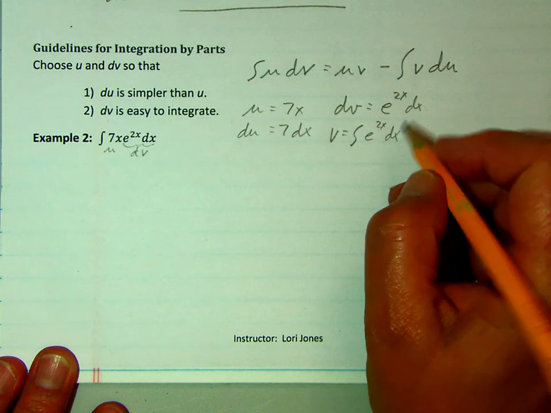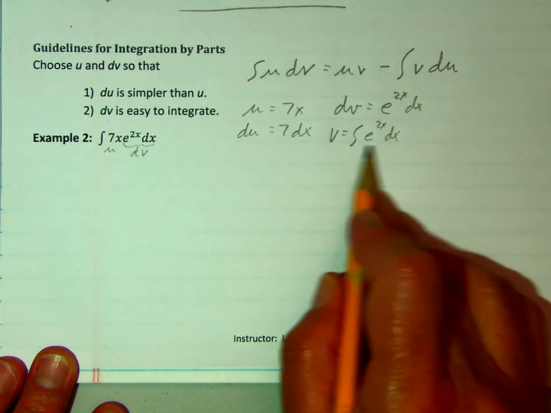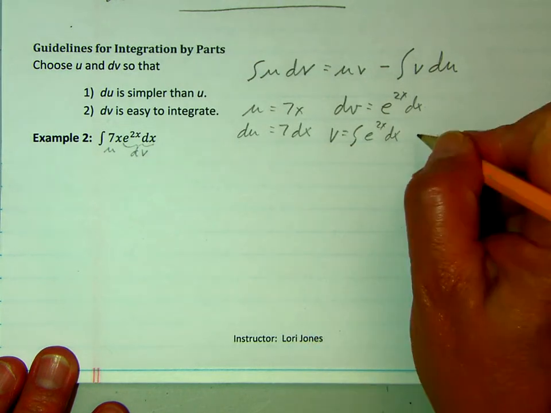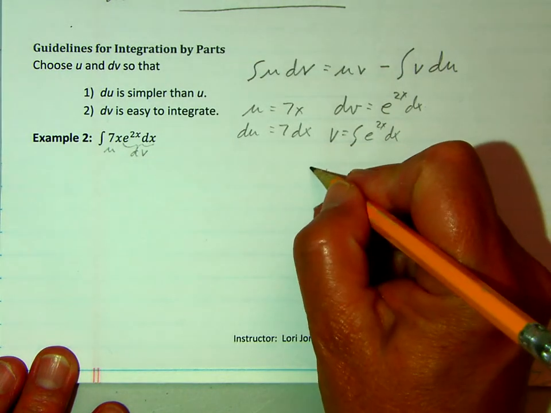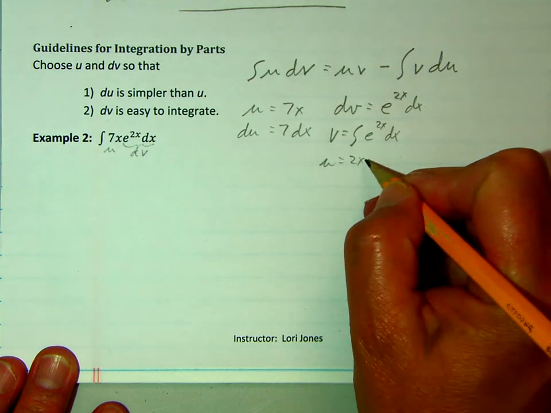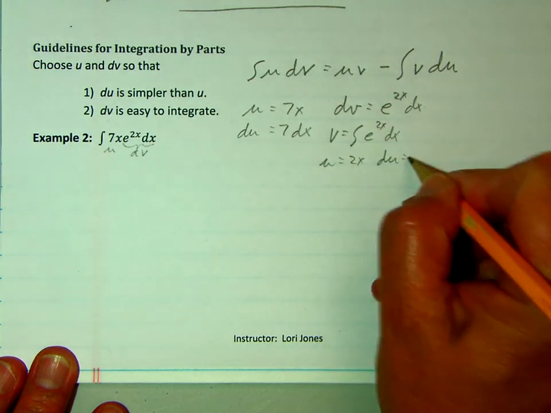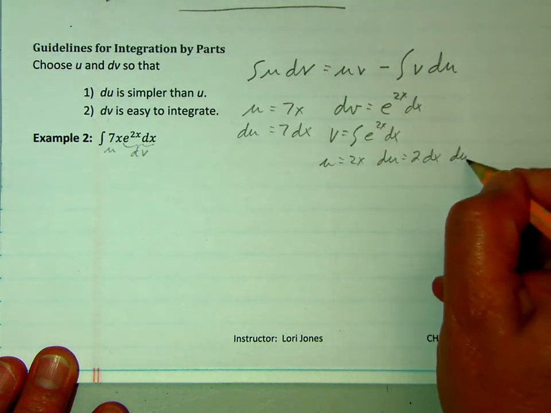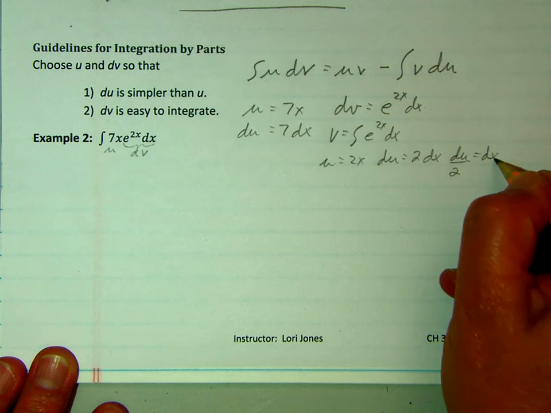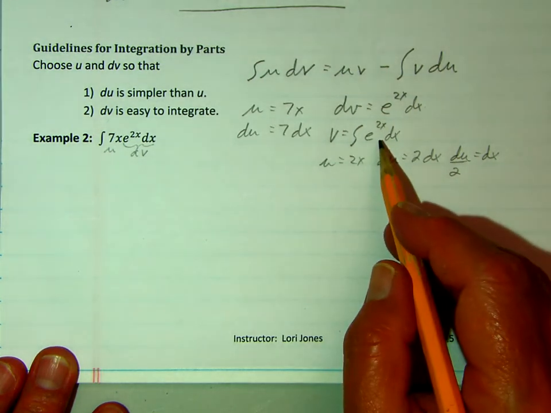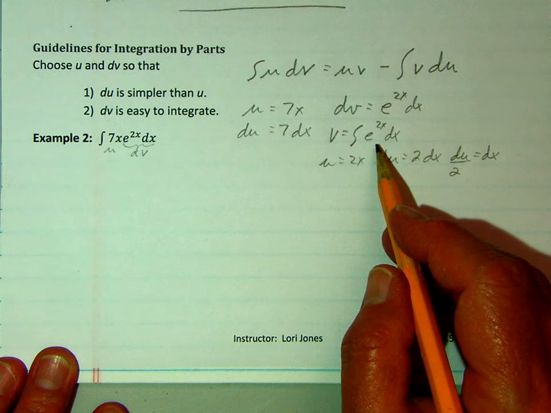And to integrate this, we're going to have to go ahead and use a u substitution. So I'm going to let u equal 2x, then du would be 2 dx. So du over 2 would be dx.